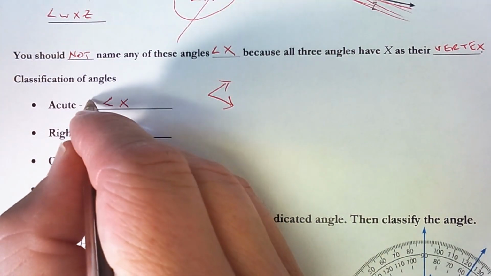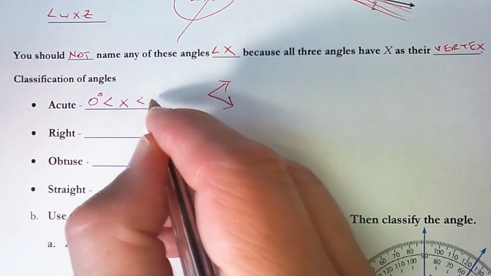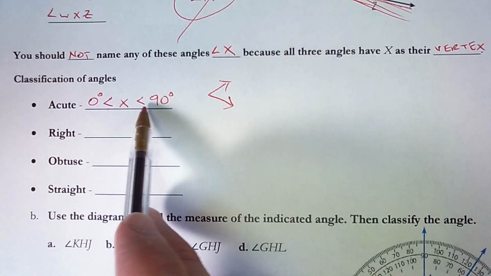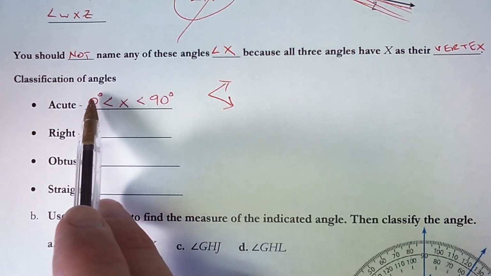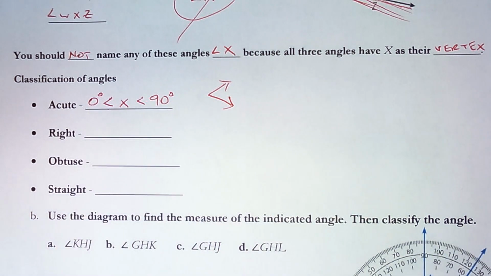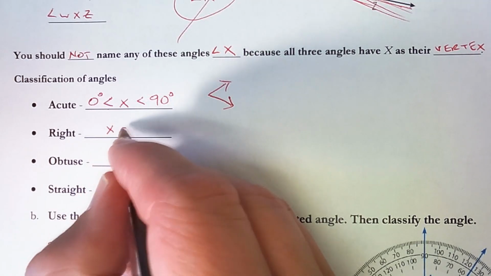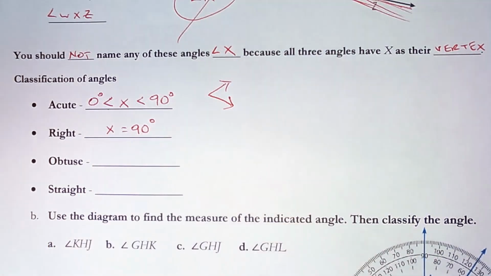So greater than 0 degrees, but less than 90 degrees. Not equal to, not greater than or equal to, or less than or equal to, but greater than 0 and less than 90. A right angle is when x, the angle measure, is exactly 90 degrees.